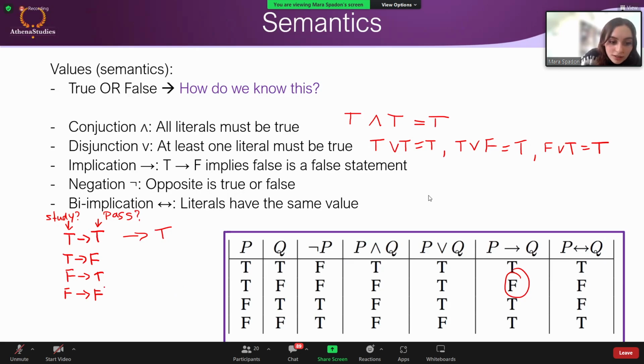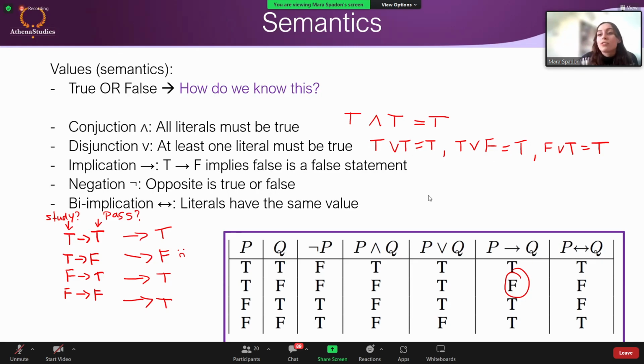If I did not study, but I passed, then I'm like, oh, well, that's great. I'm happy. So that's a truth value. If I did not study and I did not pass, then I'm like, okay, I guess that makes sense. I did not study, so I did not pass. But the one instance where it is false is if I studied and I did not pass. Then I am very unhappy because I did my best and I did not pass my test.